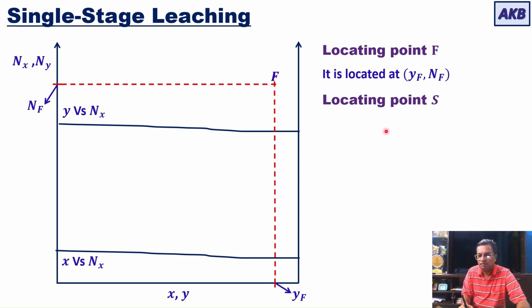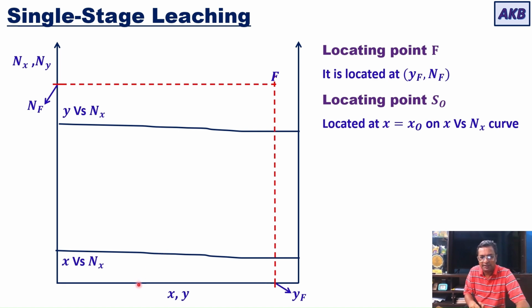Then next, you have to locate S0. S0 will be located at x equal to x0 on the x versus Nx curve. The x versus Nx curve will come into the picture when there are solids in the overflow. If there are no solids in the overflow, this curve will coincide with the x-axis. In that case, point S0 will be located at x equal to x0 on the x-axis.